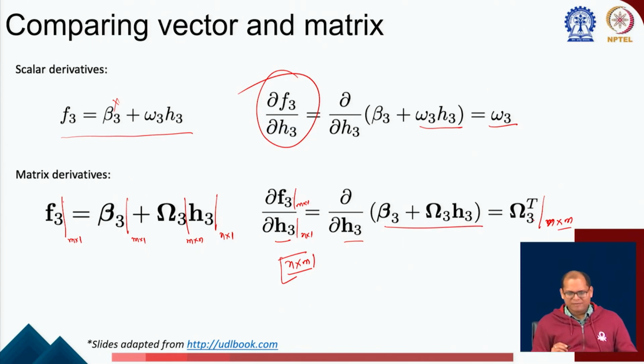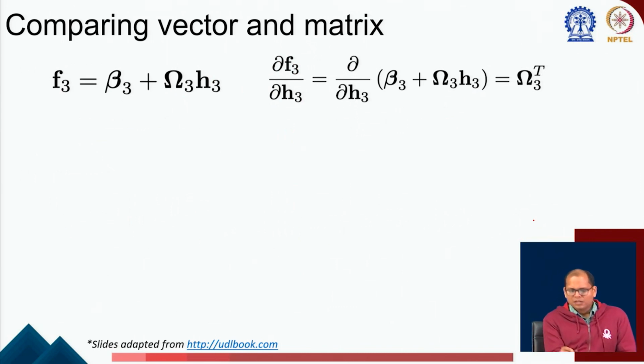So we can just have a quick look at this. We are again using m cross n and n cross 1, right.